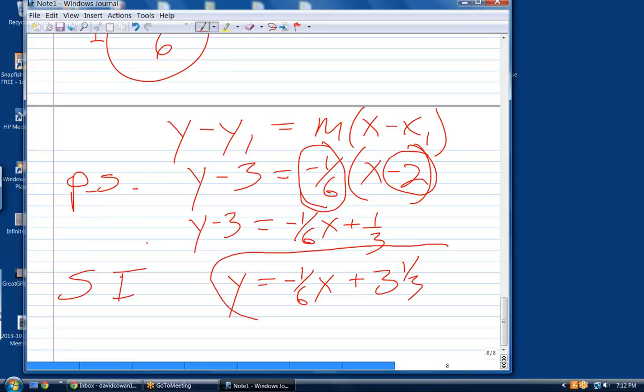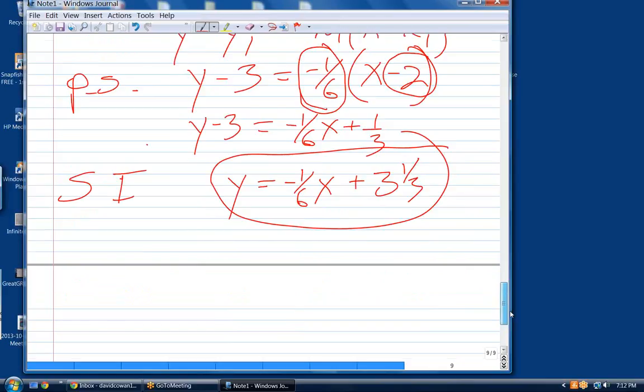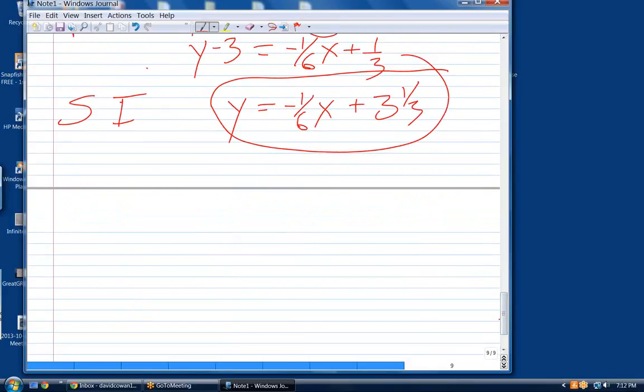Okay. Give me this in standard format. Well, you would just use the same points from above, right?